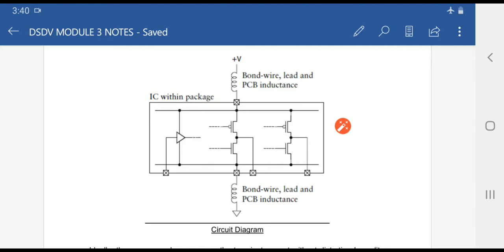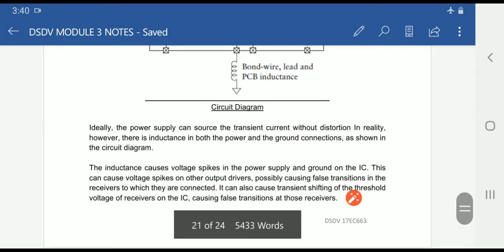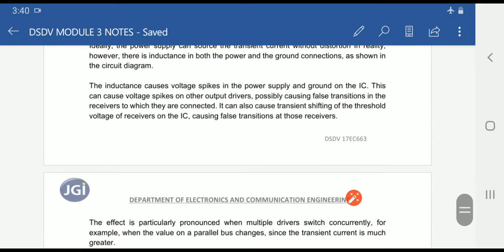The first step is to connect coupling capacitors or bypass capacitors across the plus 5 volts and the ground. These bypass capacitors can reduce the voltage spikes by charging at the plus volts or the ground. Here we know that the inductance causes the voltage spikes between the power supply and ground.